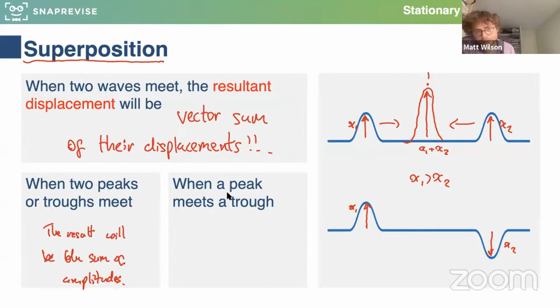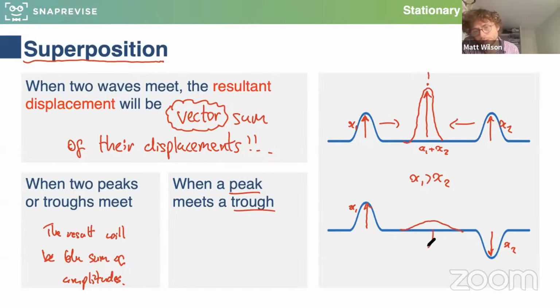However, this time we're going to look at the case where a peak meets a trough. And that's where this vector word is going to become more and more important. Okay. So if we look at these two waves here, the vector sum means that if one is up and the other is pointing down, we're going to actually need to look at their difference. So assuming x1 is bigger than x2, we'll have something that just goes a little bit up.